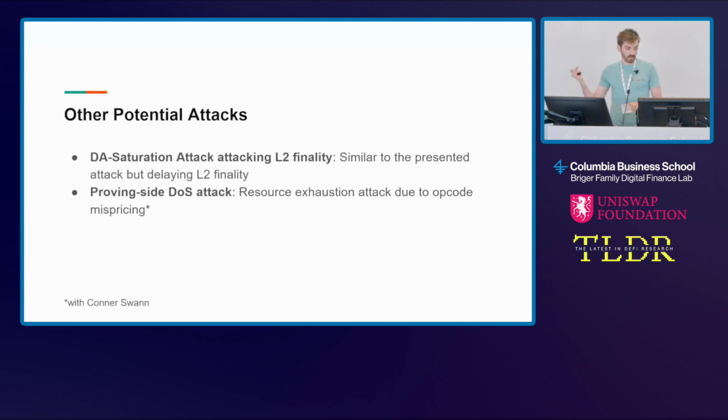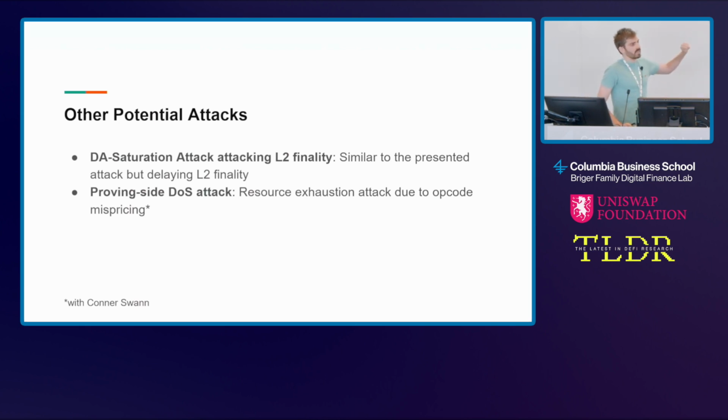So in our work, we also explore two additional attacks. One is a DA saturation attack that basically tries to attack the L2 finality. So batches get landed in the L1, but with serious delays.